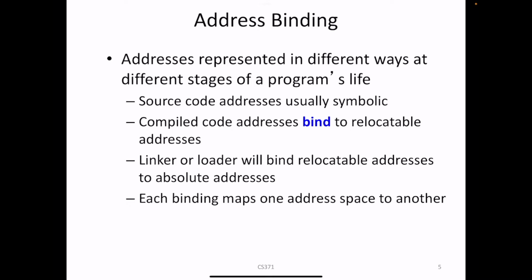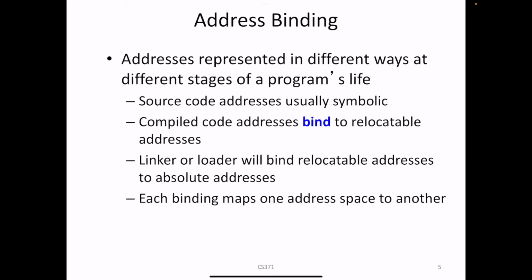When the source code gets compiled, the compiled code addresses will bind to relocatable addresses. Relocatable addresses mean that the program can be put anywhere in the main memory, as long as we know the beginning relative address of the program and the size of it.